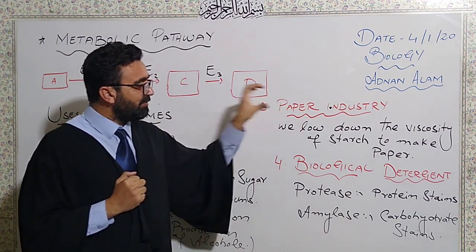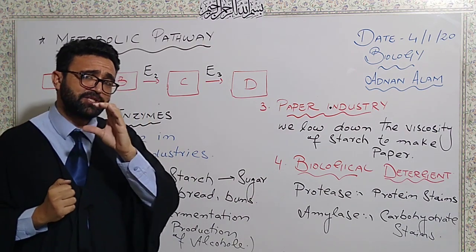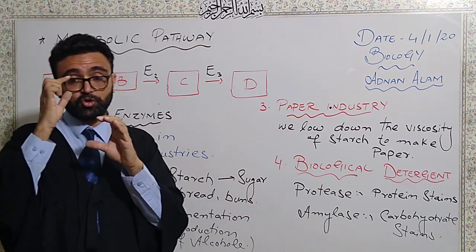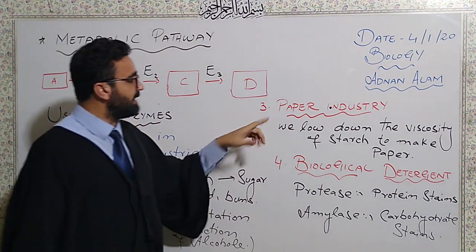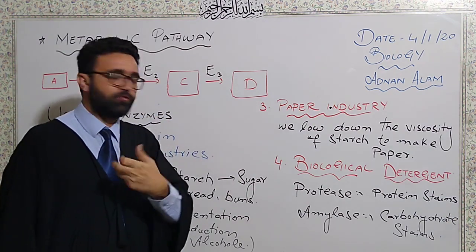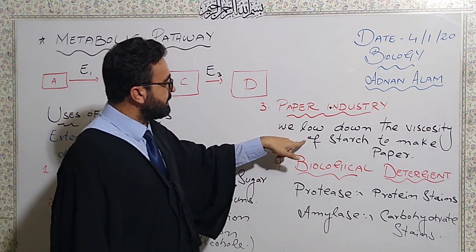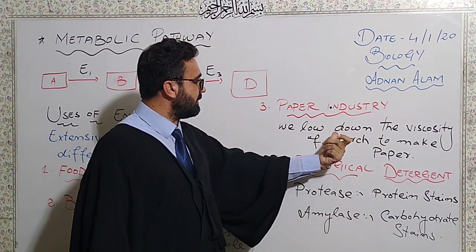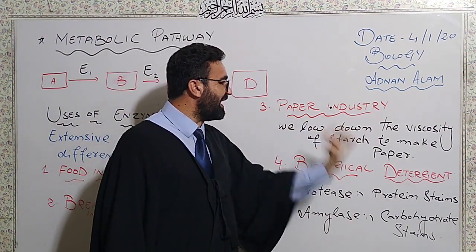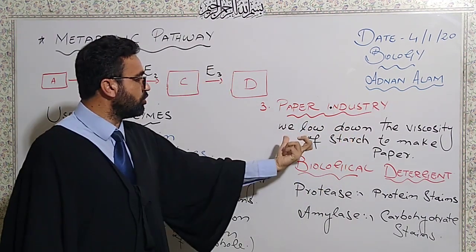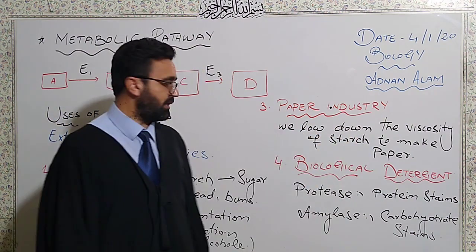If a substance is more viscous, it means it is hard to flow. It's a resistance to flow. So we have to dilute the starch, lower its viscosity, and then we can make paper.